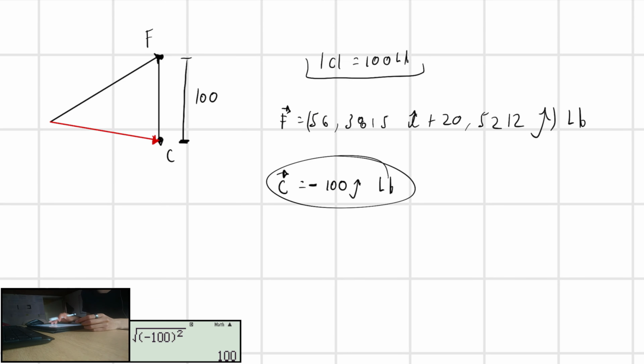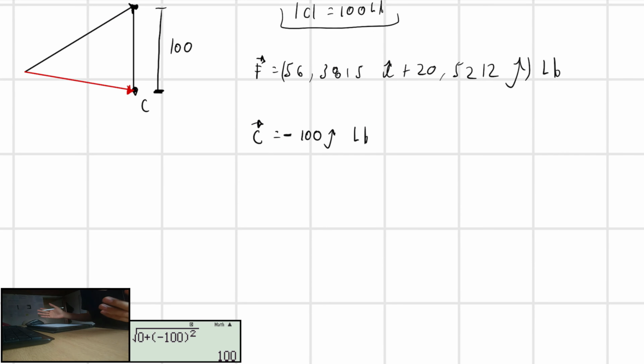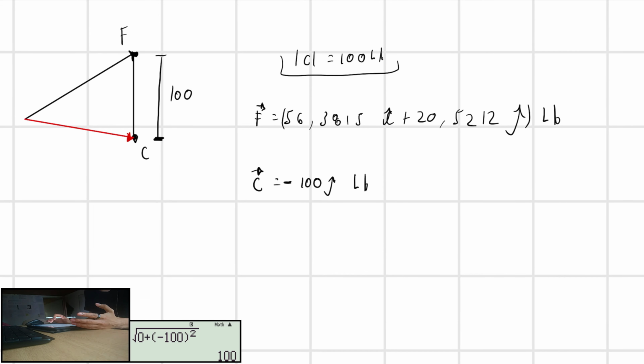So this is correct, because if I write down 0 plus this, this is also correct, but I could be confused as I just did. Actually, I just got confused. I'm sorry about that. It is pretty common, though. You have to know that not every exercise is going to be solved as you like. You have to be confused along the way, and you have to make sure that you're doing everything correctly. So that is part of the way.